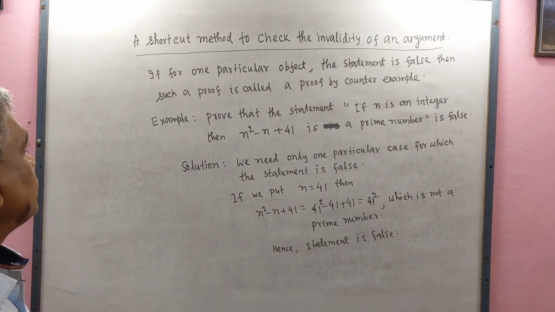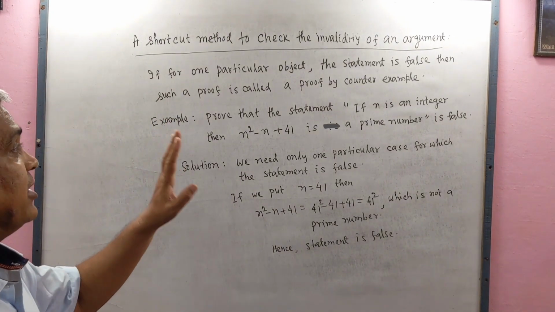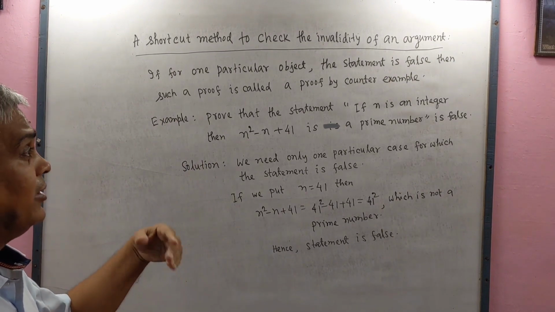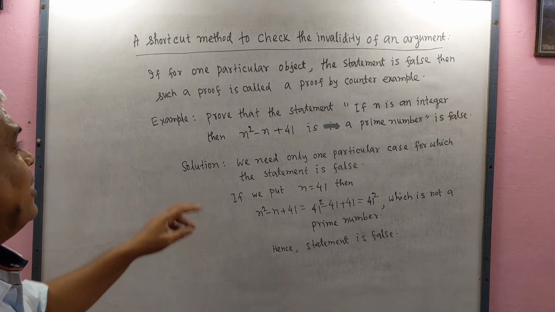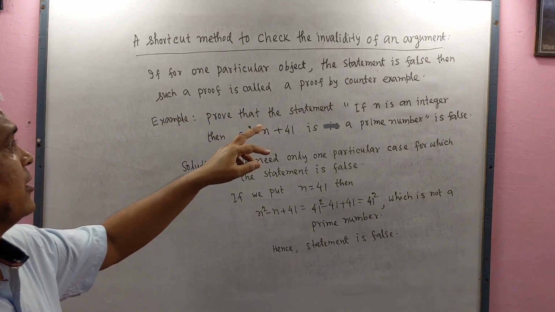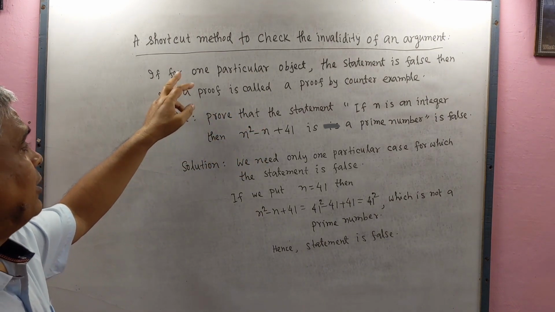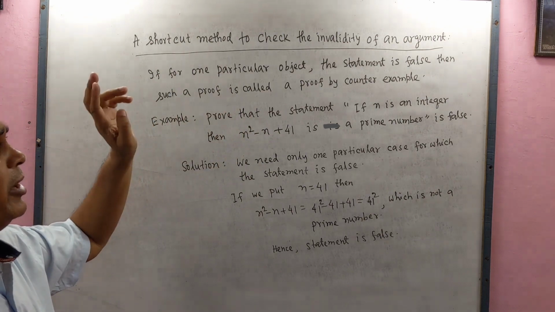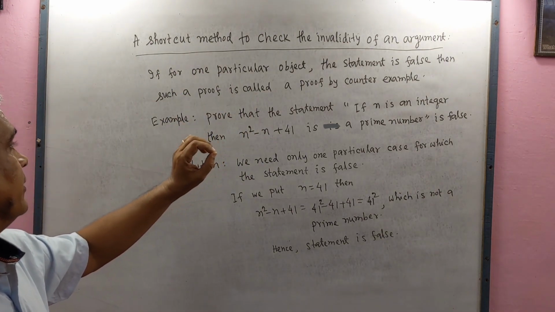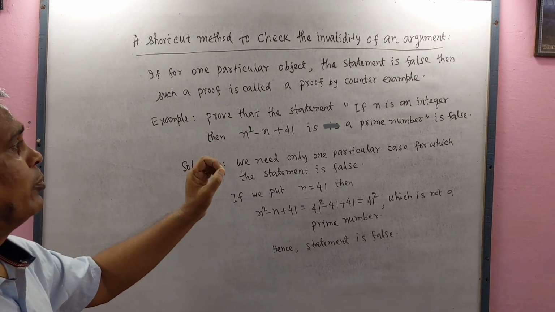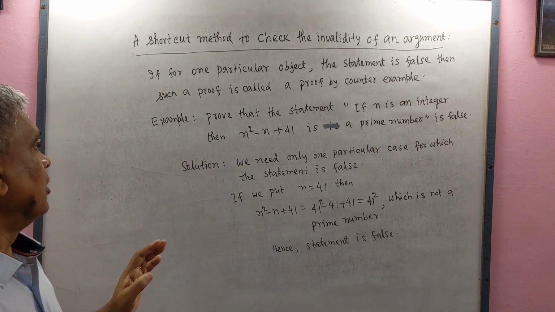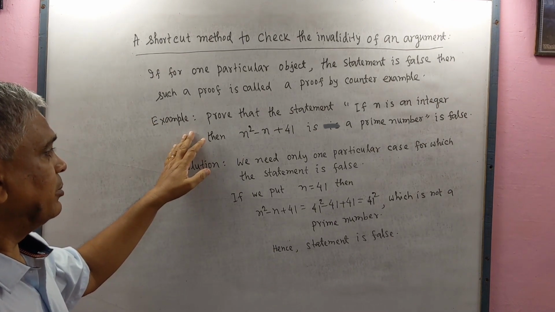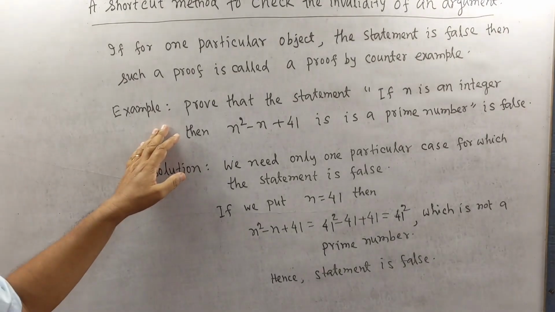Now we describe a shortcut method to check the invalidity of an argument. If for one particular object the statement is false, then such a proof is called a proof by counterexample. By an example we shall show this.